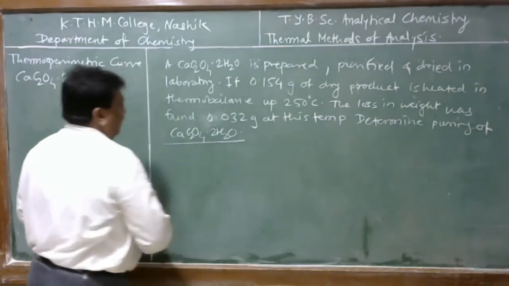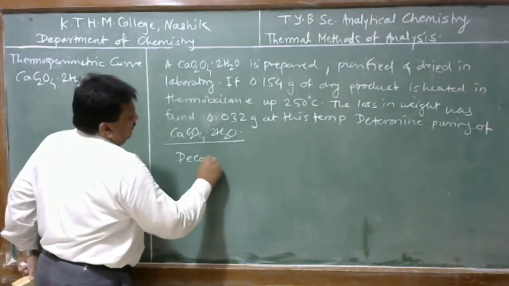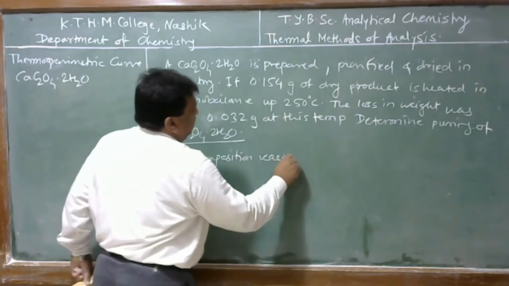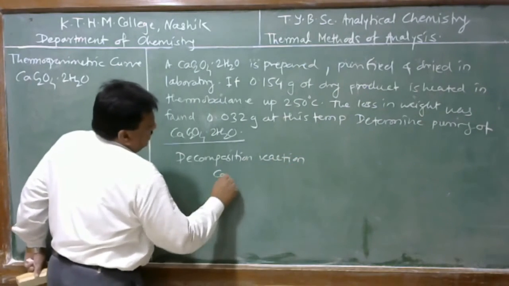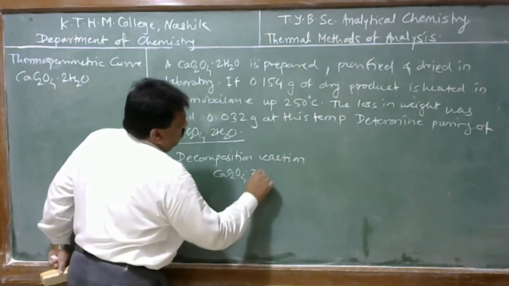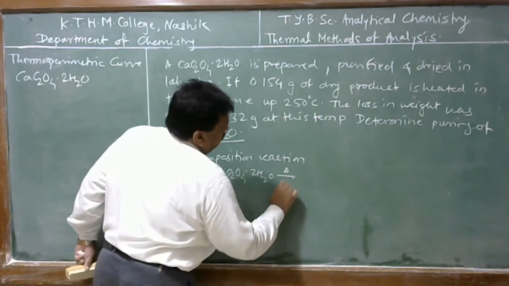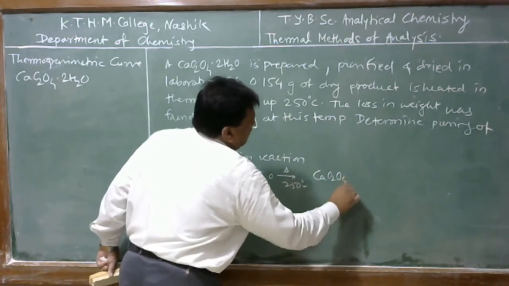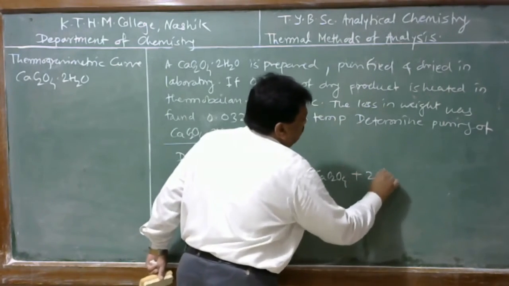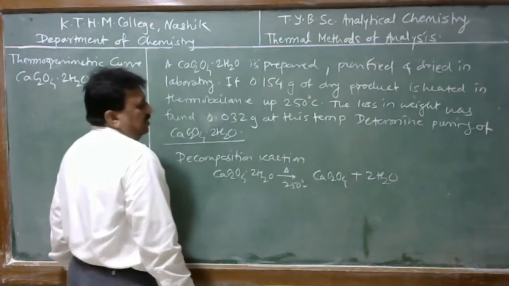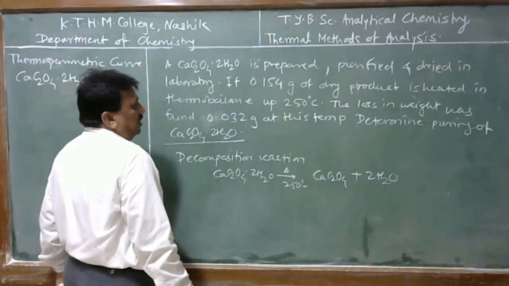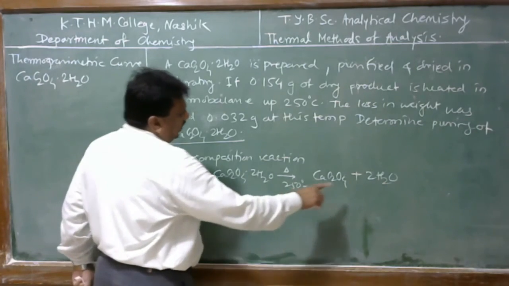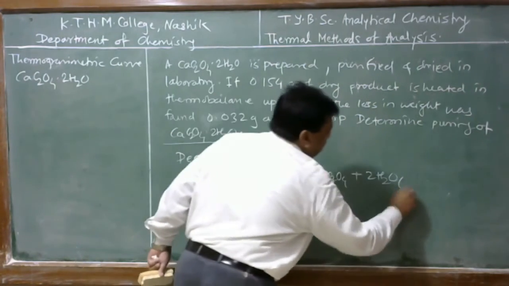Therefore, the decomposition reaction is CaC2O4·2H2O heated to 250 degrees centigrade gives CaC2O4 anhydrous plus 2H2O. Here 2H2O is the amount of material loss in the decomposition reaction.